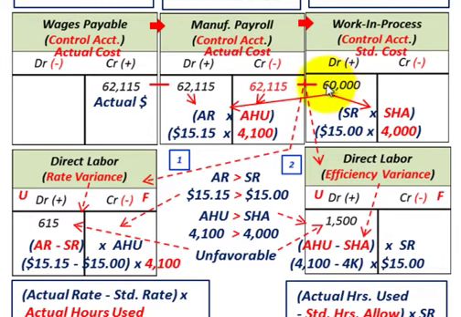Just remember the variance you were looking at in this case was split between the direct labor rate variance and the direct labor efficiency variance, and we had that $615 as a debit to direct labor rate variance, plus the $1,500 to direct labor efficiency variance, and that total of $2,115 added to our debit to our work in process of $60,000 balances with our manufacturing payroll actual cost of $62,115.